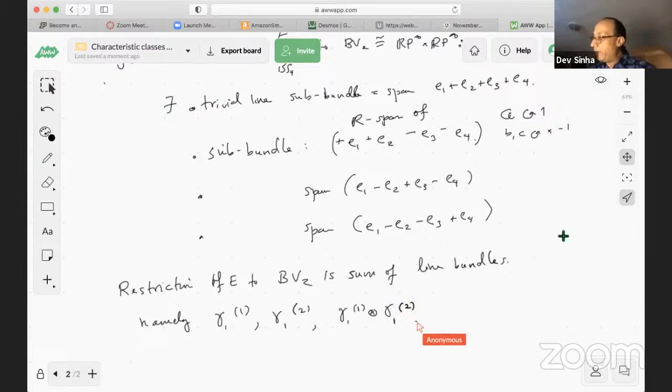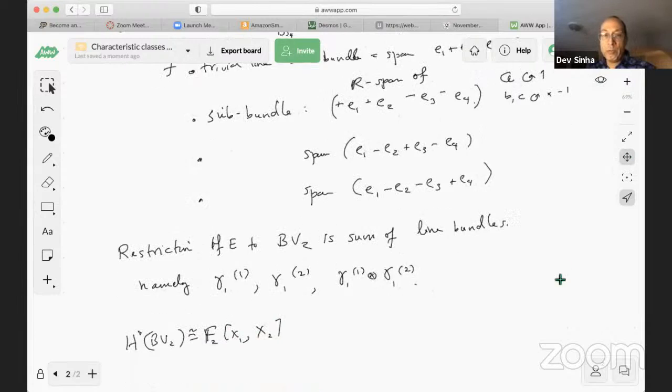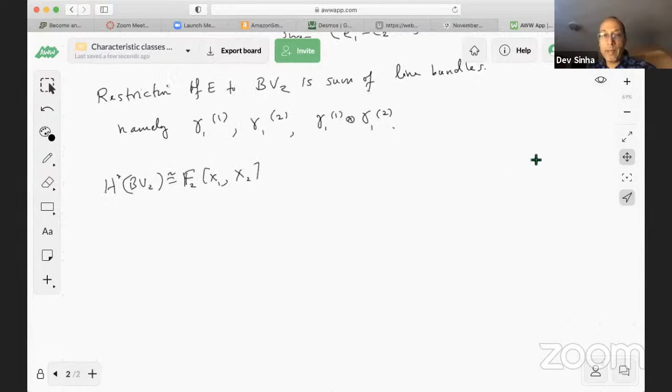Okay, and so let's remember the cohomology of BV2 is isomorphic to a polynomial algebra on two generators, and so the total Stiefel-Whitney class of the pullback of E is, well, it's going to be the product of the Stiefel-Whitney classes, and it's going to be the trivial line bundle.